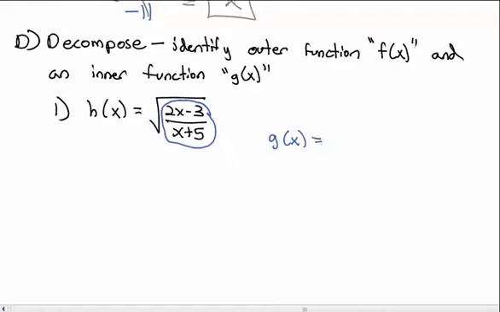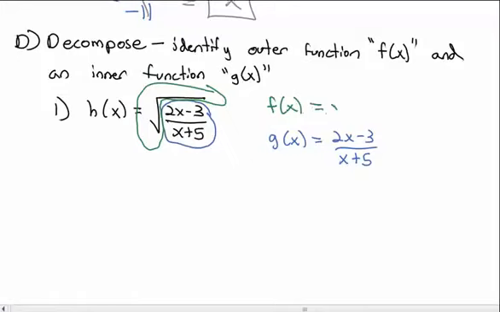Inside the square root is a function that could stand alone, the 2x minus 3 over x plus 5, that has been stuck inside this outer function. The outer function takes the square root of the stuff, and so we will just call that x.